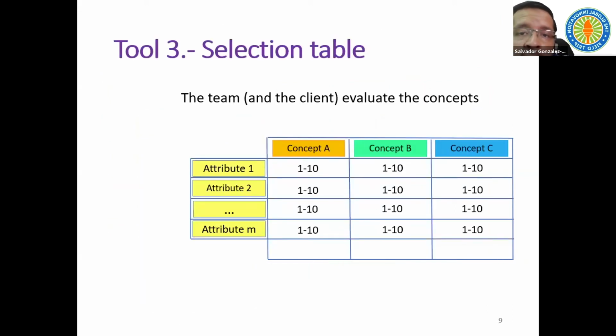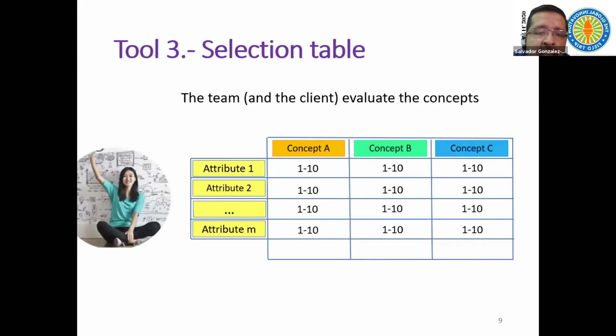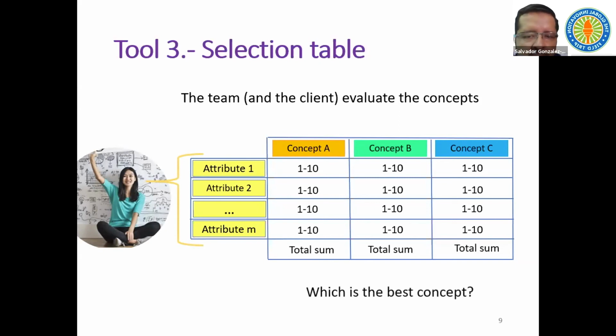Then we'll have the selection table. The team and the client will evaluate the concepts from 1 to 10 in each of the attributes or needs that the client said at the beginning. And then we'll have the sum of the scores that each concept has in order to obtain the best concept. Here you have the example.